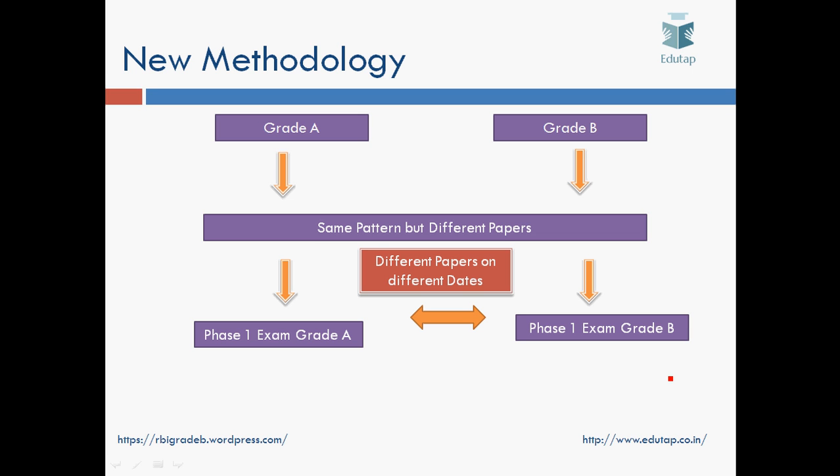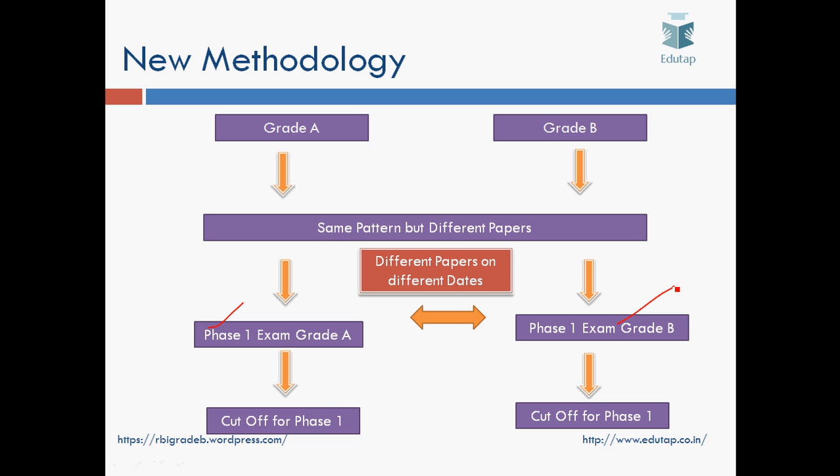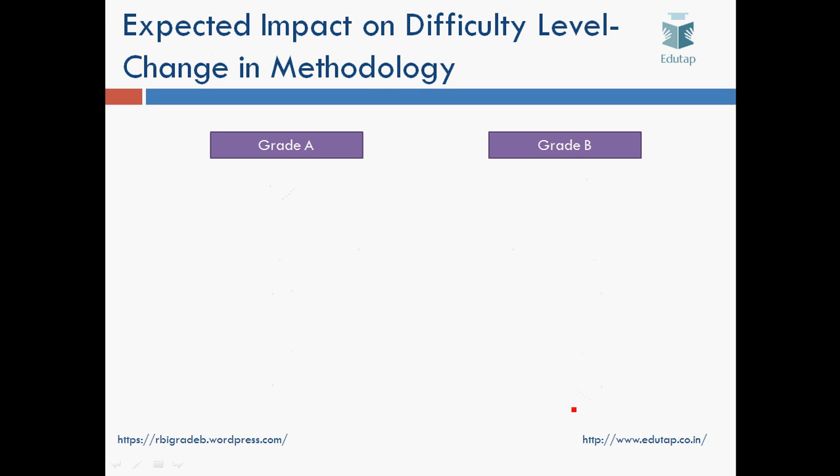So these would definitely be held on different dates. There would be one phase 1 exam for Grade A and another phase 1 exam for Grade B, that is, 2 different papers. And obviously there would be a different cutoff for phase 1 of Grade A and a different cutoff for phase 1 of Grade B. Now, what is the expected impact on the difficulty level since there is a change in the methodology?